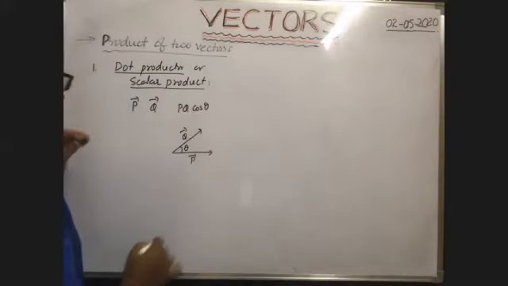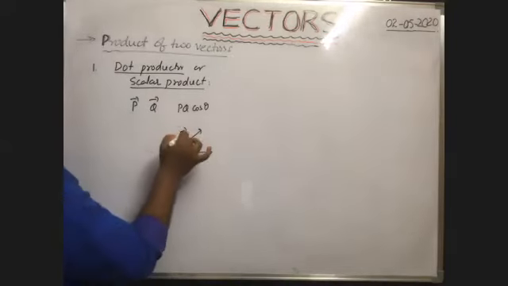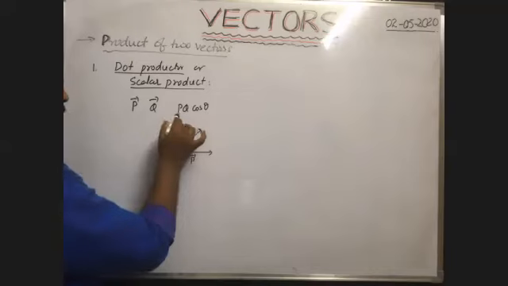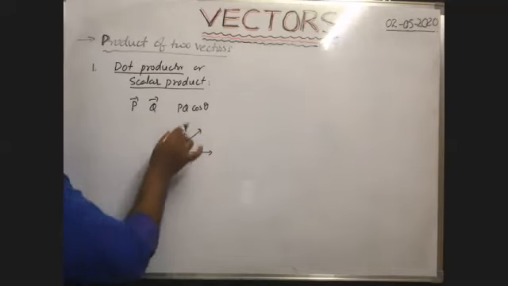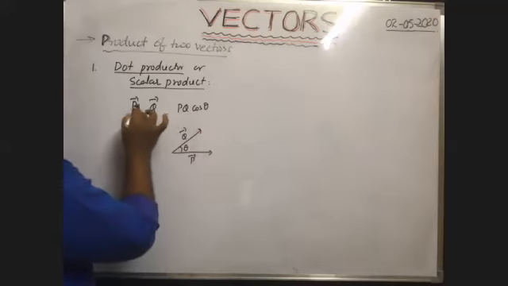Then, if the product of these two vectors gives a scalar whose magnitude is equal to the product of magnitudes of the two vectors and the cosine of the angle between them, this product is called the dot product or scalar product. It can be represented as p bar dot q bar.